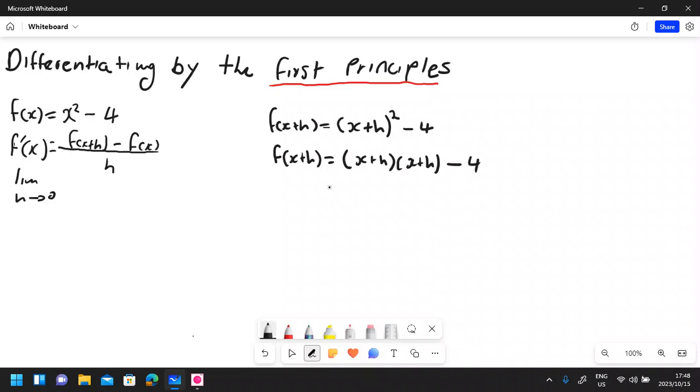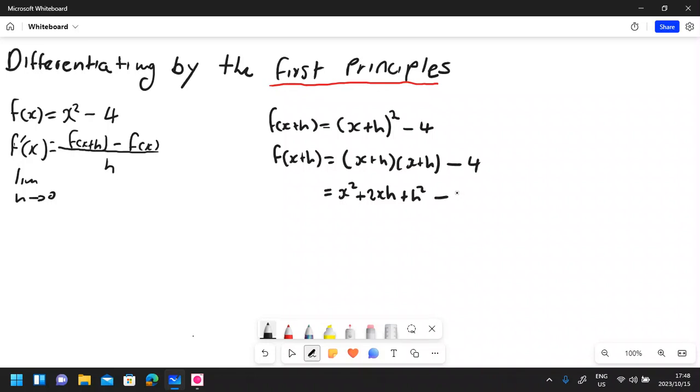I'm just going to skip straight to it. X multiplied by x is x squared. X multiplied by h is xh. Another h multiplied by x is hx. So we have two xh here, and we have h multiplied by h, which is h squared.